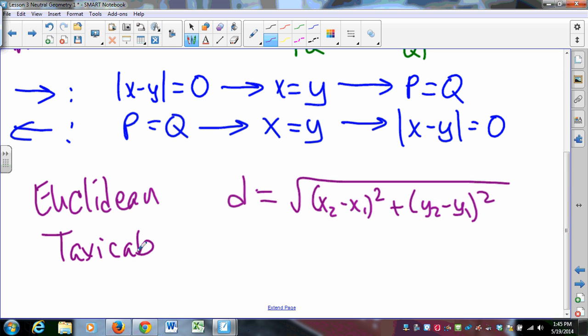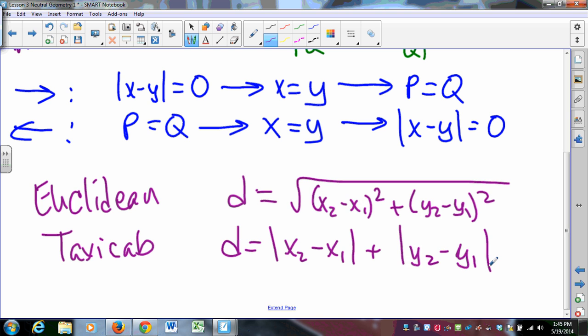One is the taxicab metric. In the taxicab metric, you add the absolute values of the differences in the horizontal direction and the vertical direction.